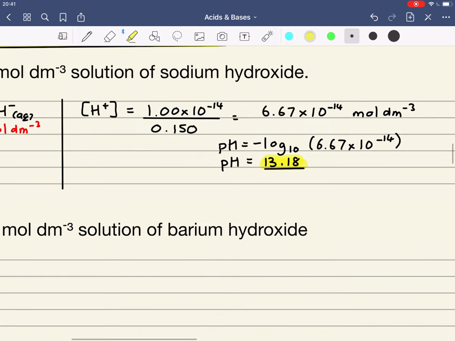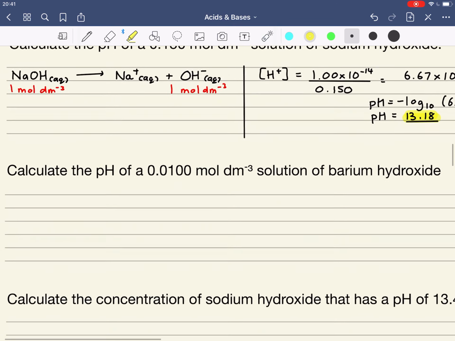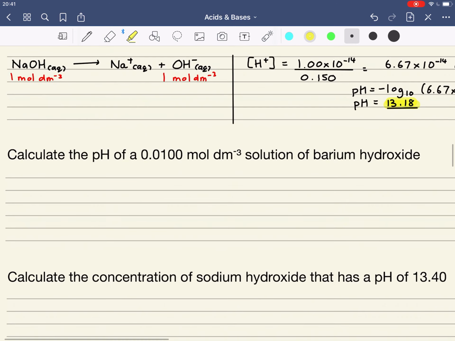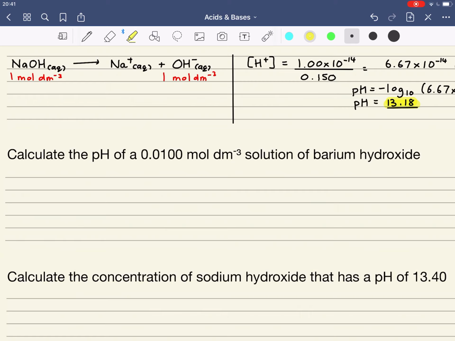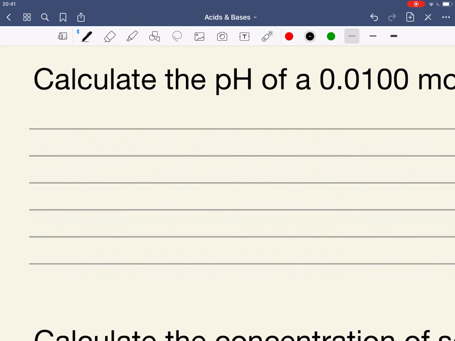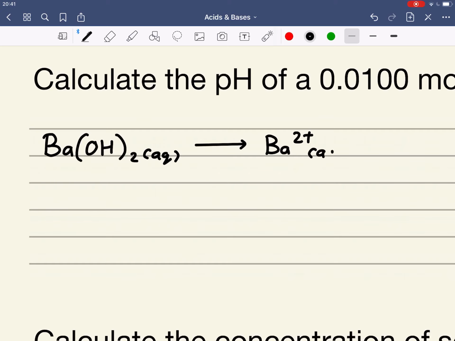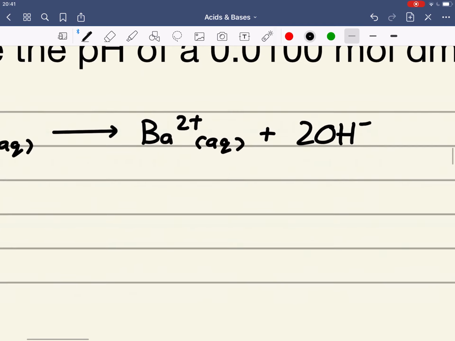Let's have a look at another question. This time I've been asked to calculate the pH of a 0.01 mole per decimeter solution of barium hydroxide. Now with barium hydroxide in solution, this dissociates into Ba2 plus ions and 2 hydroxide ions.